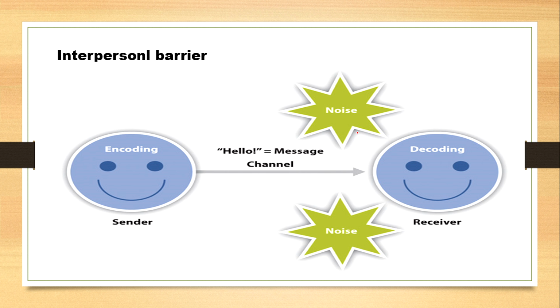Interpersonal barrier. Interpersonal barrier is also a barrier. If I am sending the message and you are decoding it in a different way, then an interpersonal barrier arises, because of any reason.